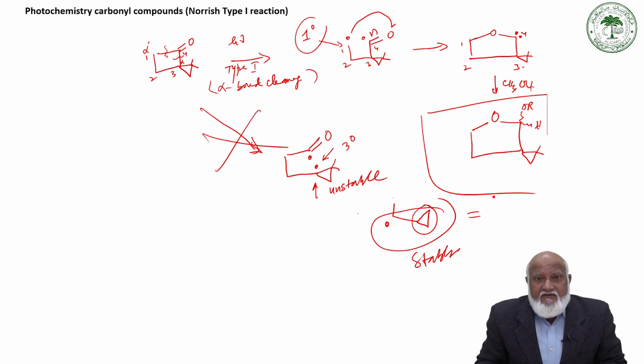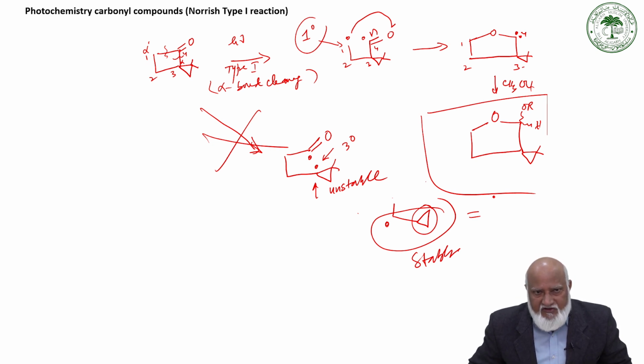This is a really important question. We know that this is an alicyclic ketone, and an alicyclic ketone under photolytic conditions undergoes a type 1 reaction. Type 1 reaction is nothing but alpha bond cleavage. If the alpha carbon is substituted, then we have to go for the stability of the carbon-centered radical.